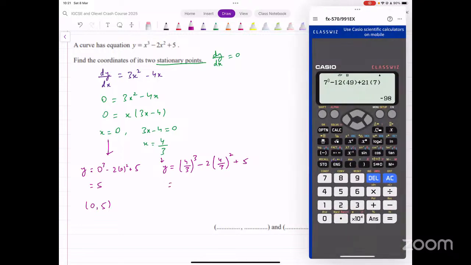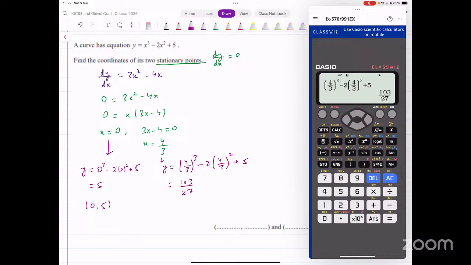So you can just put this whole thing on your calculator and see what that gives you. 4 over 3 whole cube minus 2 times 4 over 3 whole squared plus 5. And that gives me 103 over 27. That's the second value of y that I'm getting.